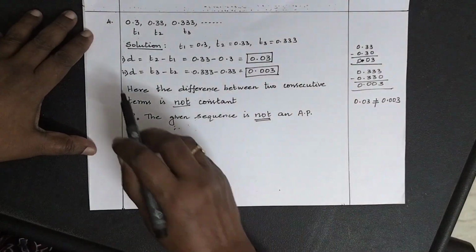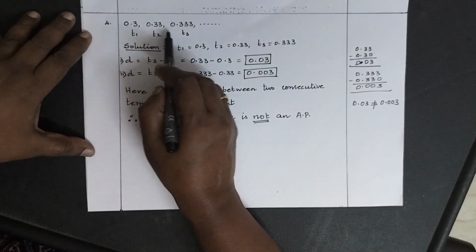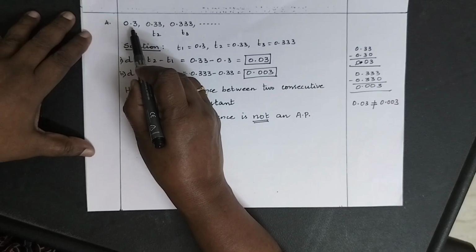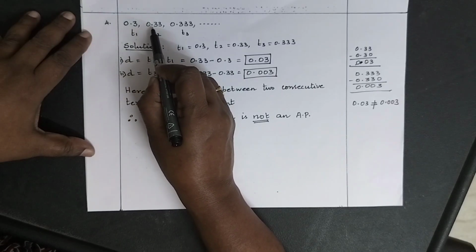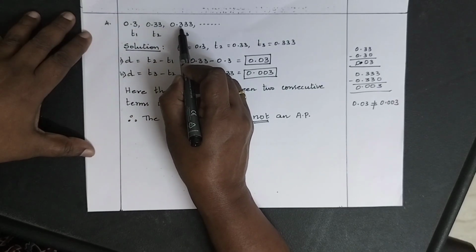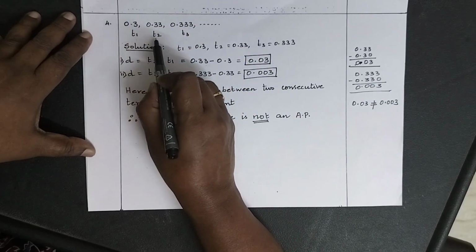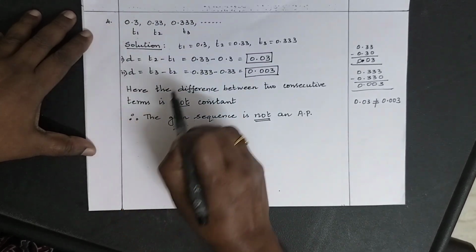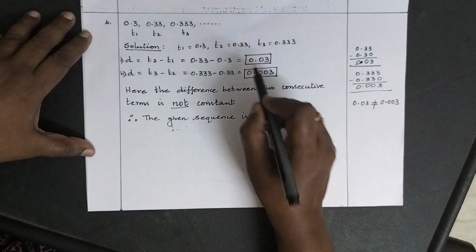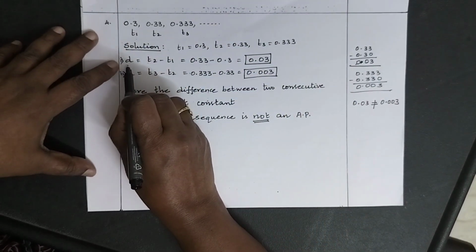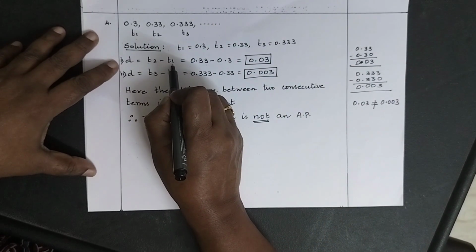Next, the fourth sum: the given sequence is 0.3, 0.33, 0.333, etc. We name these T1, T2, T3. Write the formula for D. D is equal to T2 minus T1.